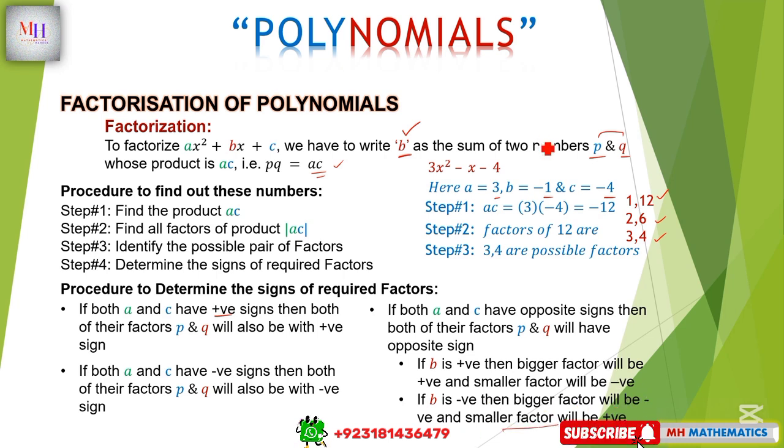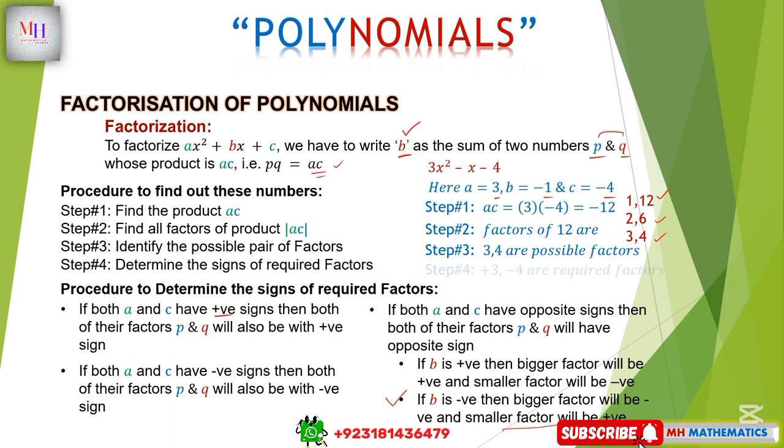Now, in our example, our ac is negative, which means that a and c have opposite signs, so our factors will also be of opposite signs. Here the sign of b is negative, so we have this case: if b is negative, then the bigger factor will be negative and the smaller factor will be positive.